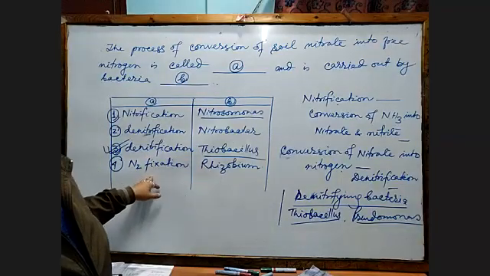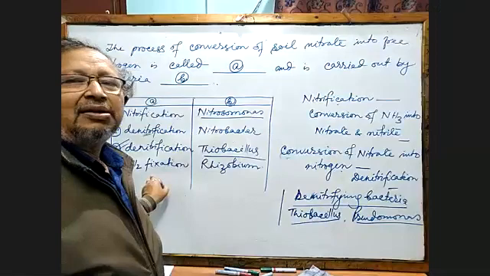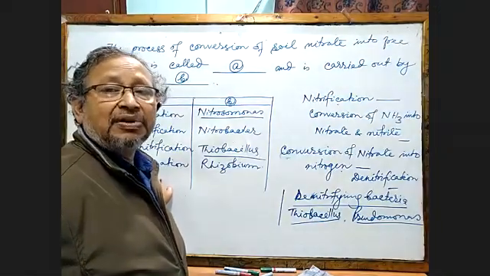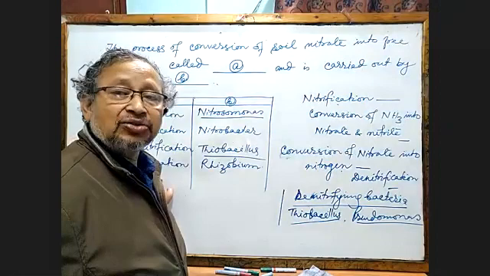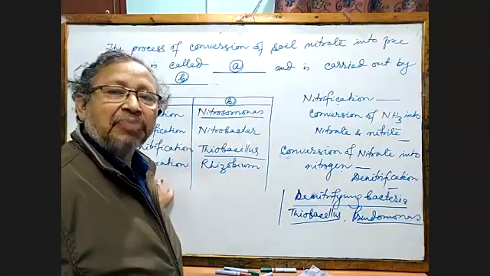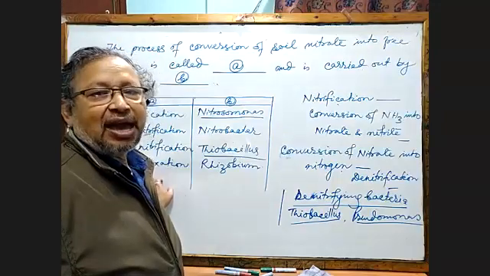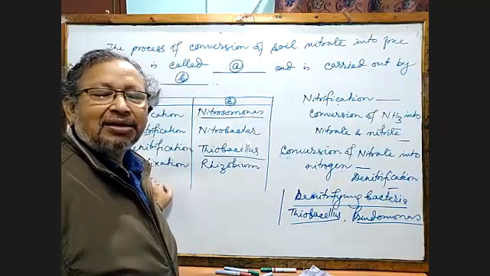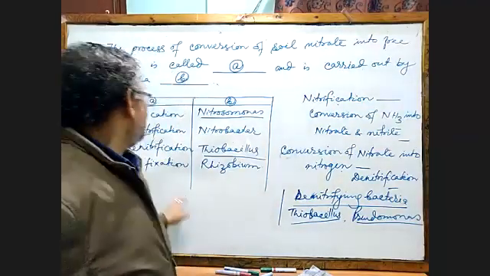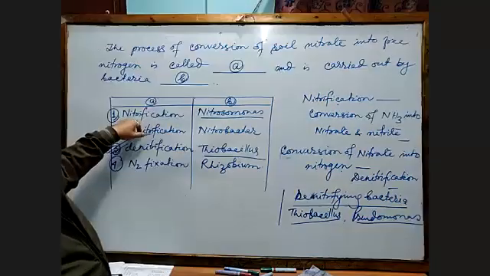Nitrogen fixation is the conversion of free nitrogen into compounds of nitrogen which can be utilized by the plant, so it is ammonia, nitrate and nitrite.